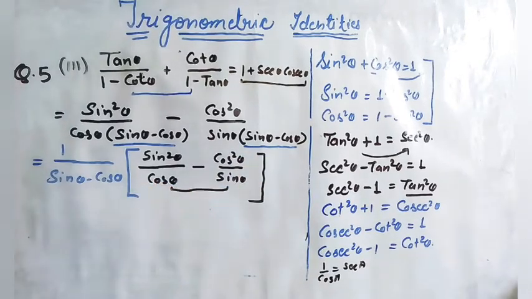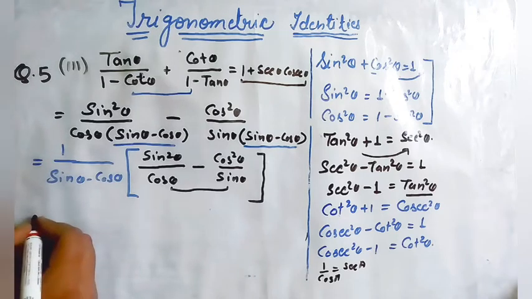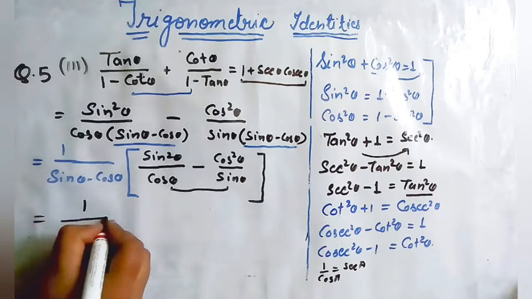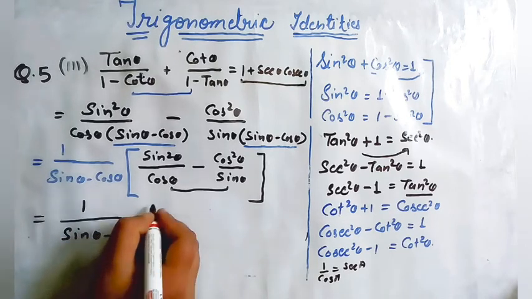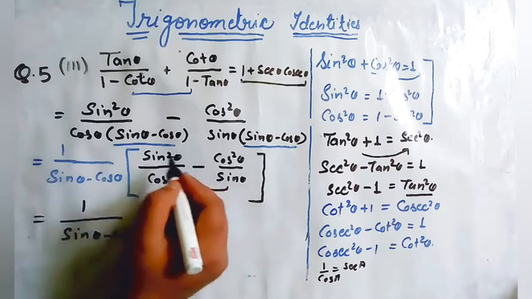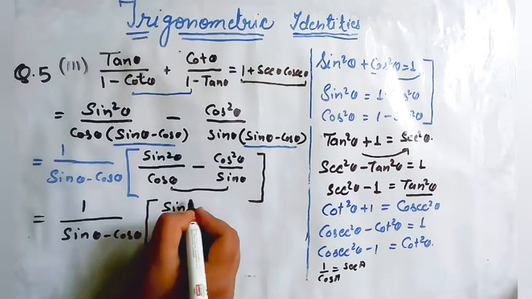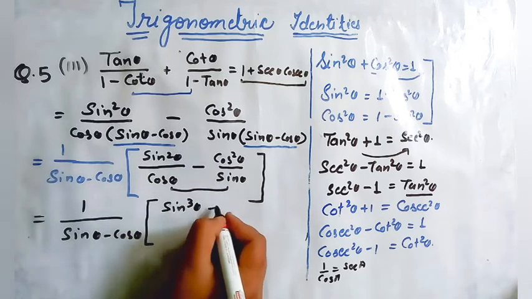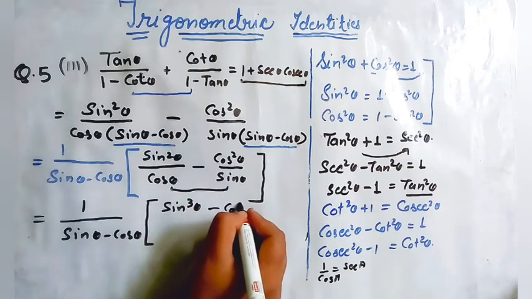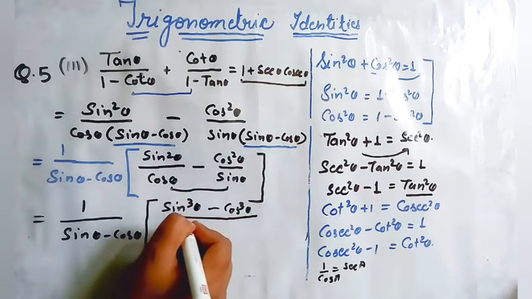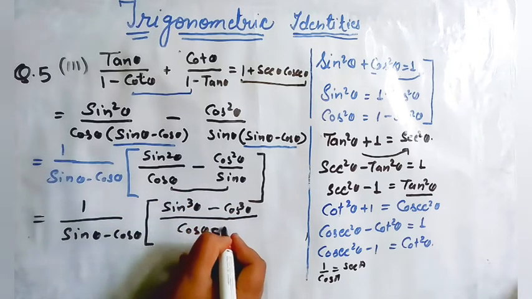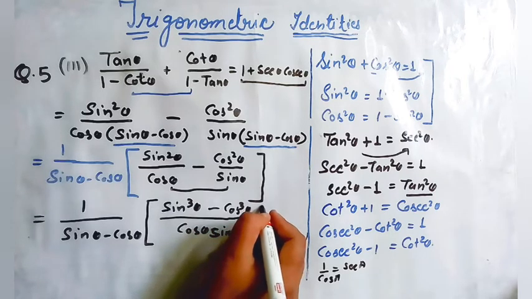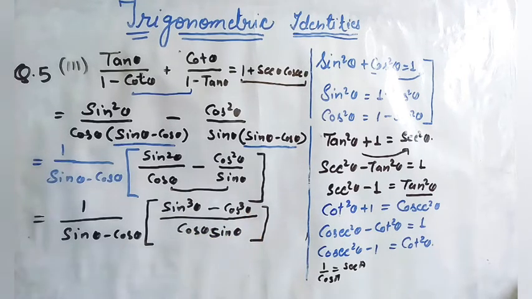Take LCM. The common part you have to write as it is, that is 1 upon sin theta minus cos theta, and inside we have sin cube theta minus cos cube theta, whole upon cos theta into sin theta. By taking LCM, this will be the simplification.